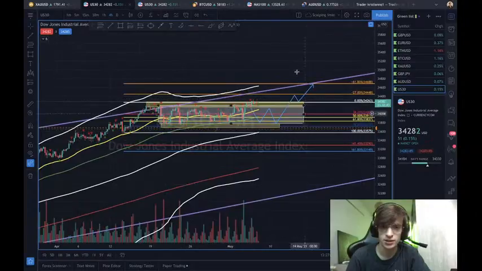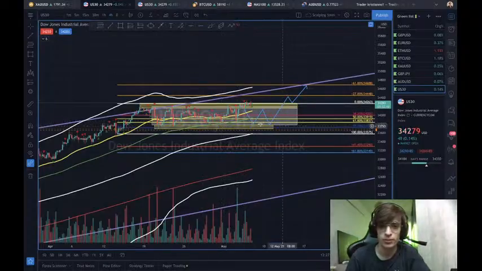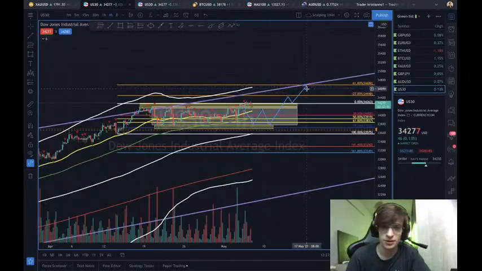As you can see, here is the consolidation area. It could go down again, and it already formed a triple bottom. So it probably will break through this area and continue being bullish, as I predicted it here.